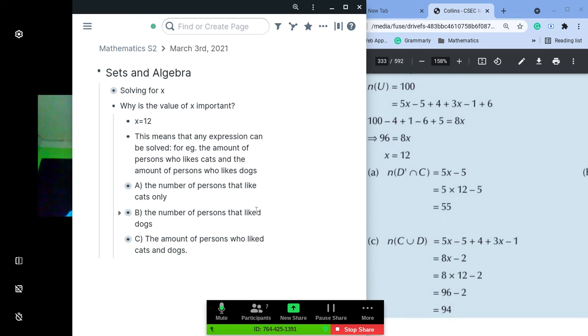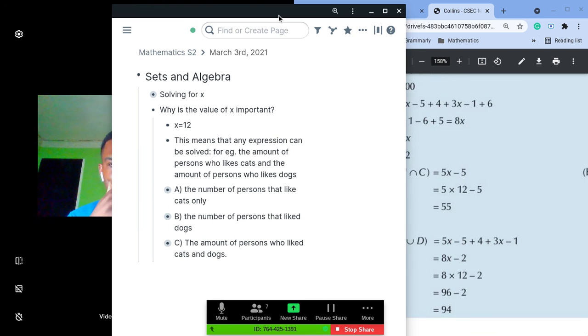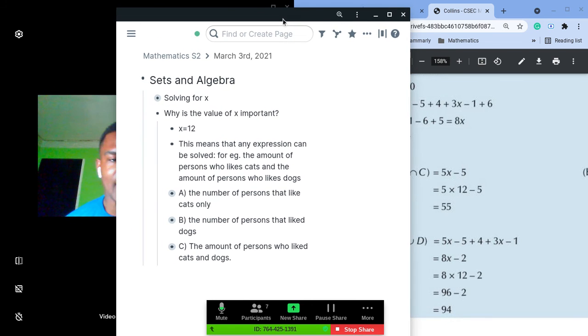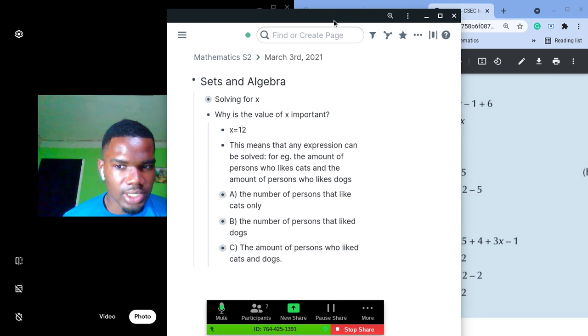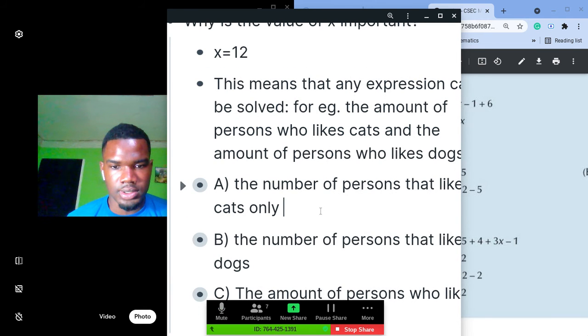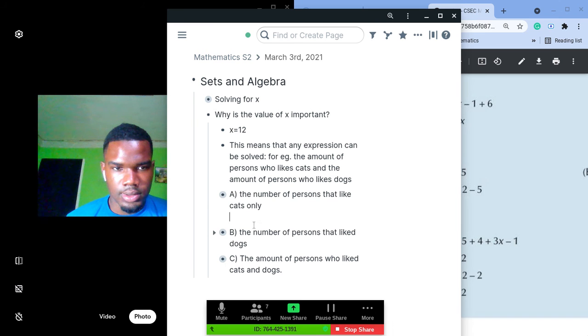Alright, so let's look back on question A. Question A asked you the number of persons that liked cats only. If I am looking at persons that liked cats only, is dogs included? No, sir. Right. How could I express that I don't want the set dogs in our expression? D apostrophe.